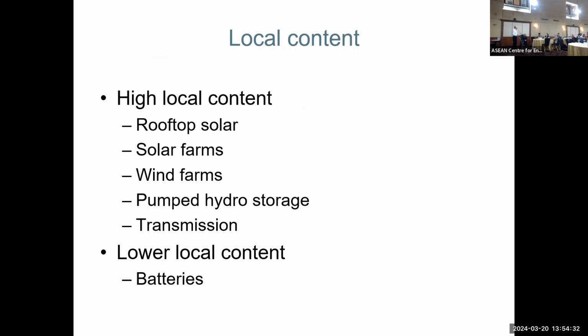The local content is high for most of the renewable energy industry, with the exception of batteries. And so some countries, I think, are choosing pumped hydro over batteries because the pumped hydro is in their own country and is built using their own country labour, with just a little bit of money, or quite a lot of money actually, for the pump turbine, which would typically be imported, but that's not a large fraction of the total cost of the system.